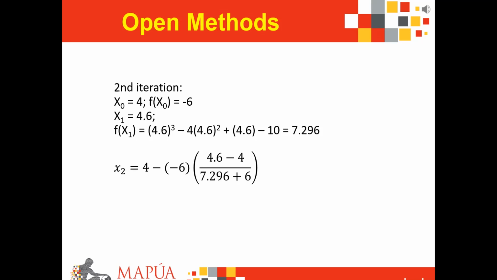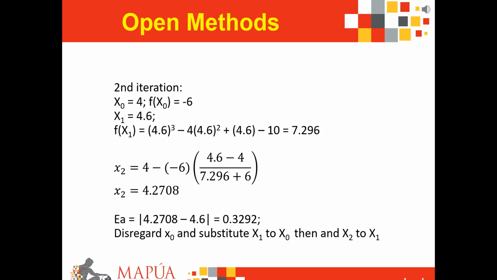Solving for x2 gives us this solution, which eventually gives us 4.2708. Computing the absolute error gives us 0.3292, which shows that we need to repeat the process and disregard x0 again.